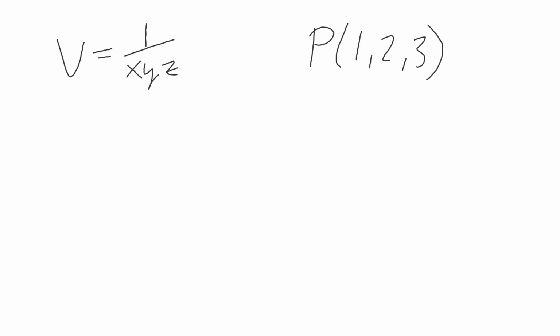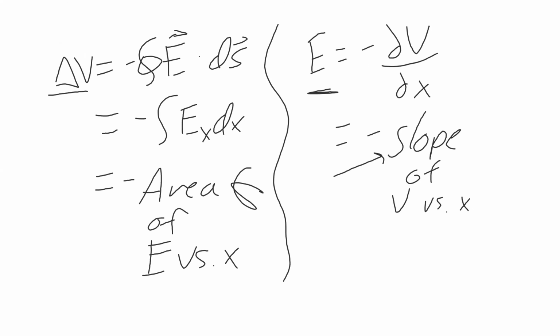All right, so this is a very good problem for multiple reasons. One is that it seems pretty pure and theoretical, but it also forces us to work in the x, y, and z. And I know I need to find the electric field from the potential. So I go back here and I say, okay, I'm trying to find the electric field given the potential. Well, I know if I find the slope of the potential graph, I know how to do that.